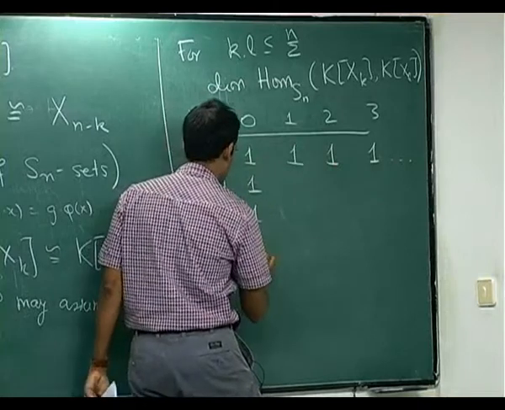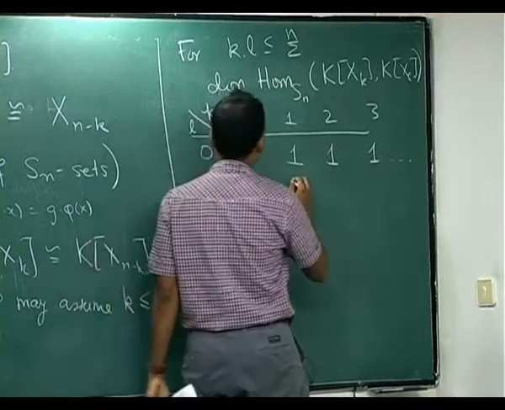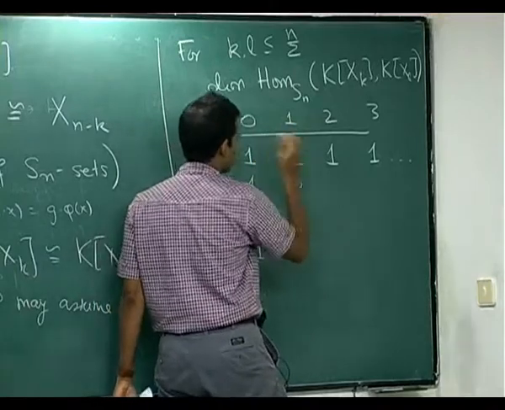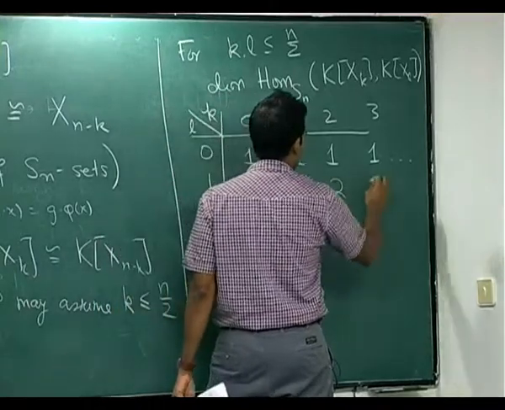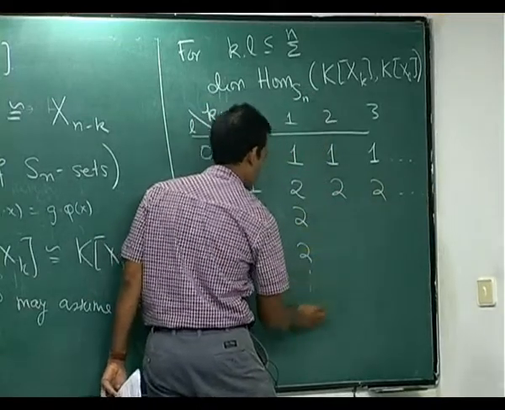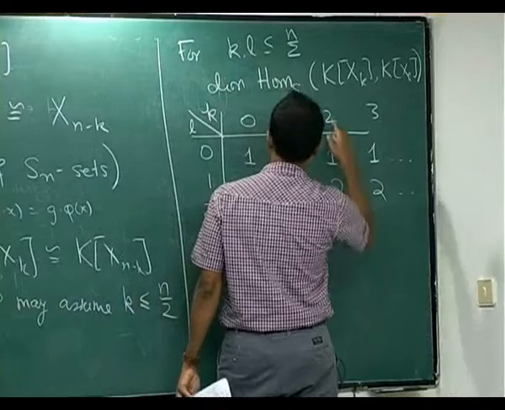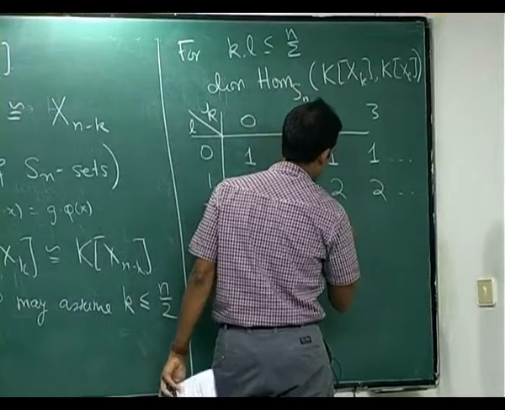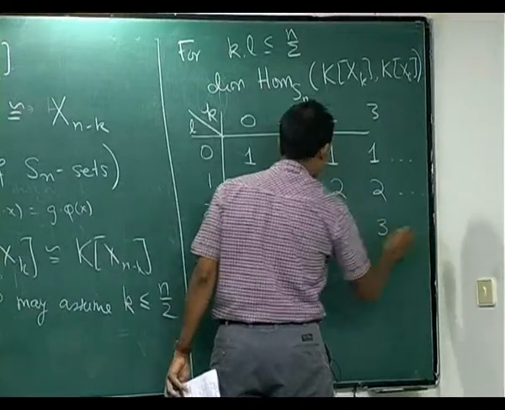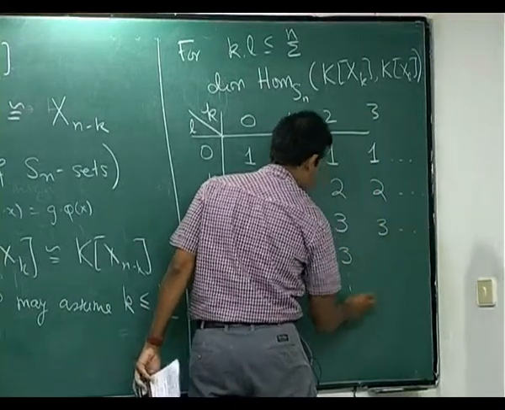So okay, 1 and 1, minimum is 1, so that's plus 1, you get 2, and you'll get 2 here, 2, 2, then 2 and 2, that's 2, so you get 3, but minimum of 2 and 3 is also 2, so you get 3, and so on. So it's this kind of a creature.